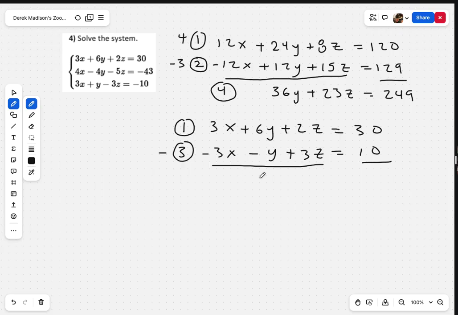Those cancel. 5y, 5z equals 40, and that is going to be equation 5.